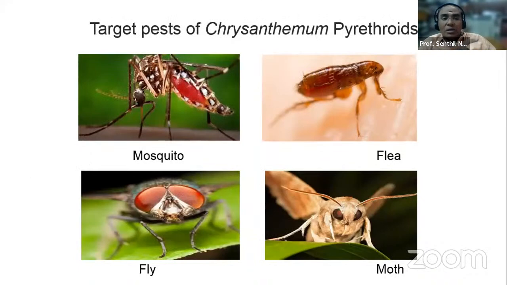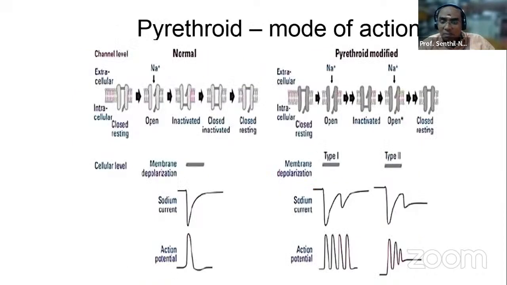Here, Chrysanthemum pyrethroids are targeted at mosquitoes, fleas, flies, moths, that means multiple modes of action with multiple insects. So here, pyrethroid modifies the sodium potassium pump. The action potential is very important for the locomotion of any animal, including human beings.